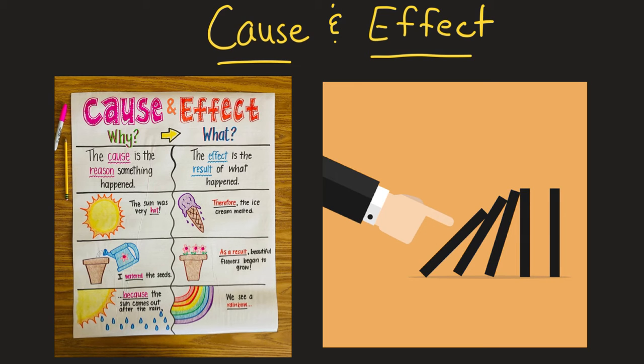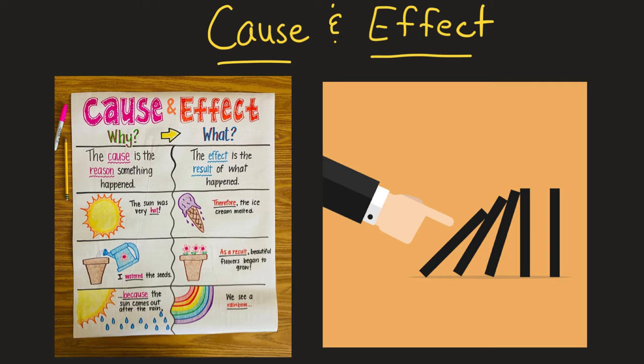Another example would be watering some seeds. When that happens, the effect is that some plants or some flowers might grow. So why do flowers grow? Because someone caused something to happen, and it's not the opposite.